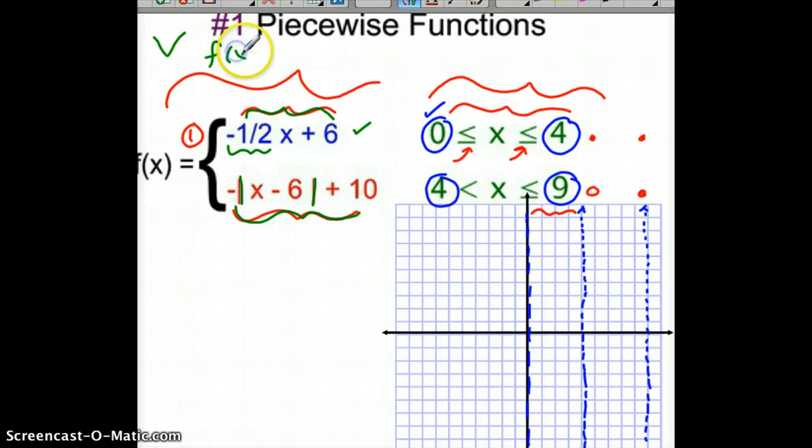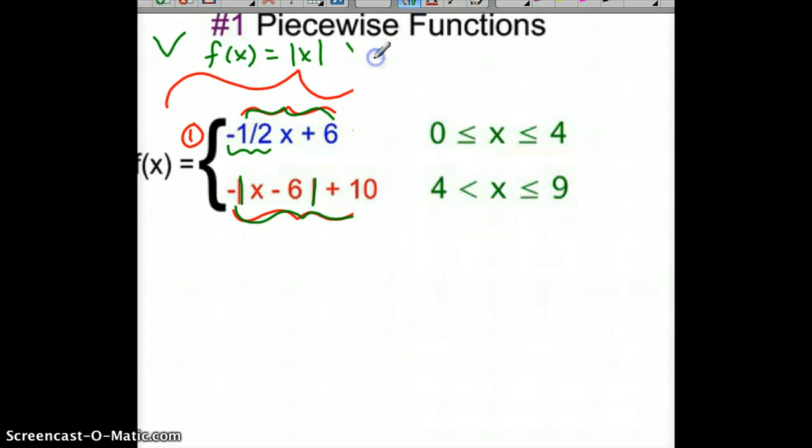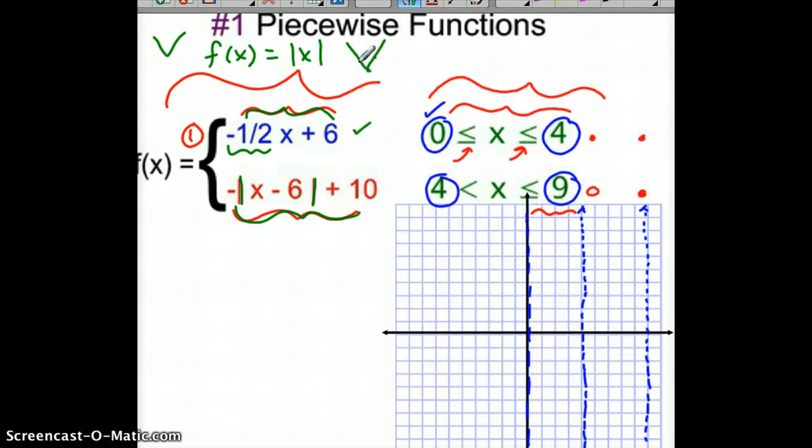Remember, when f of x is equal to the absolute value of x, we get this nice V centered at 0, 0, 1, 1, -1, 1. But I've subtracted 6 from it, so it's going 6 to the right, and up 10. Also this negative means it's going to be flipped over. So in that portion of the graph, I'm going to have an upside down V with its vertex at 6, 10.